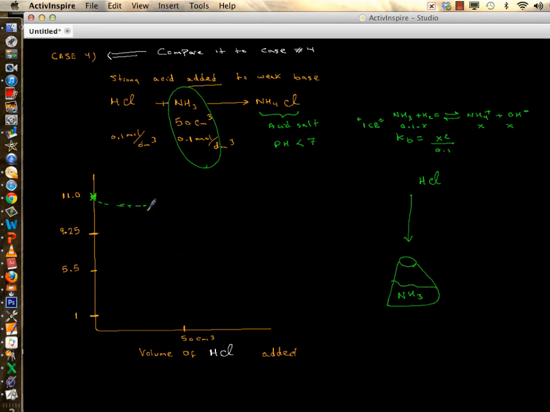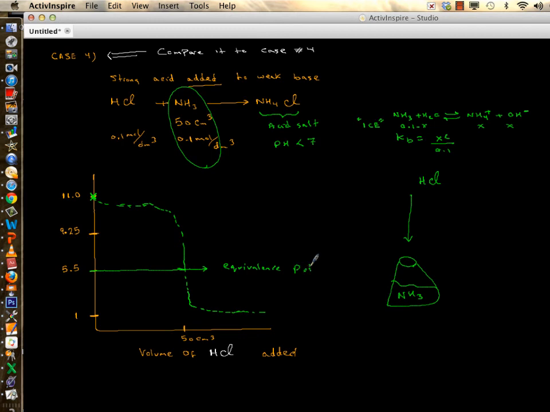Once you make it to 50 cm cube, you come down and then you will get close to pH equal 1, because that's the pH of your acid by itself, but a dilute version of that, and your equivalence point is less than 7. In this case it is almost 5.5. I made it up, but it's close. So this is the equivalence point.